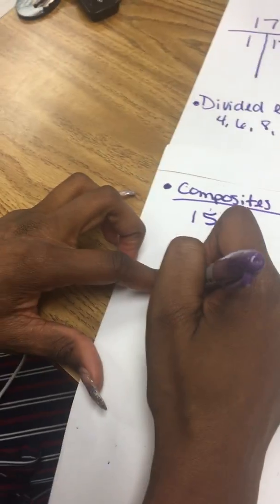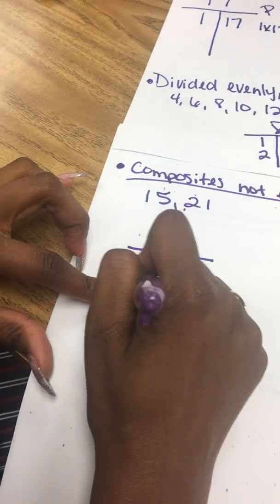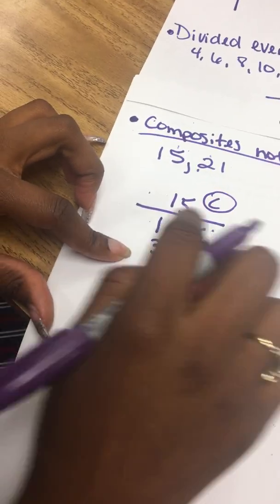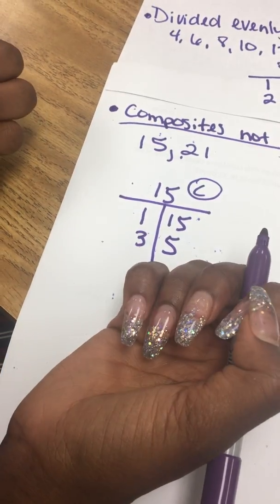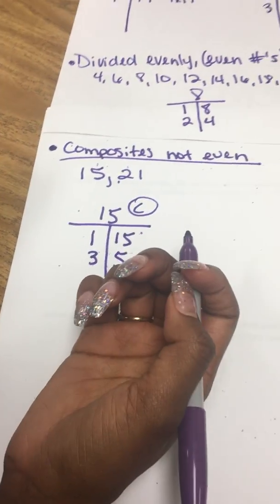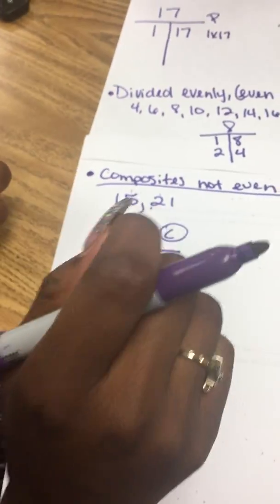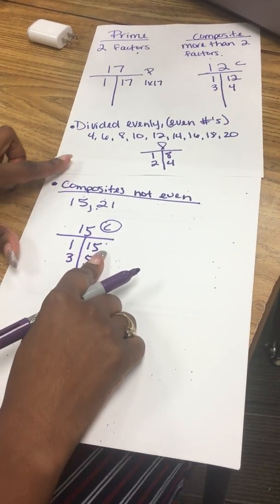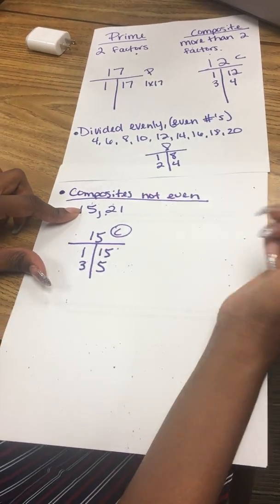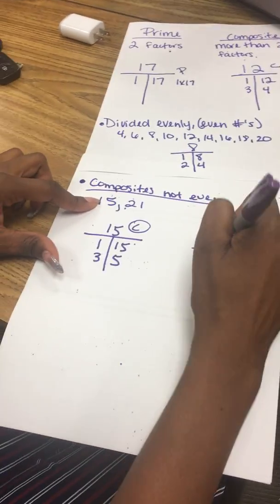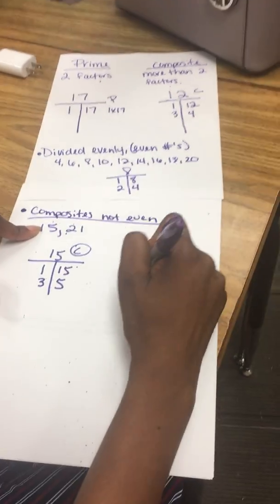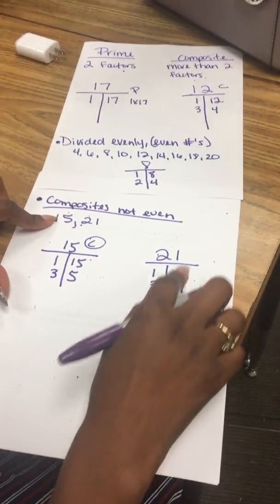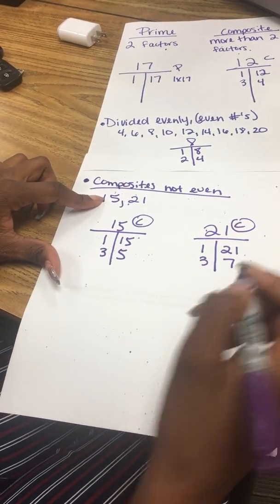You can do 1 and 15, you can do 3 and 5. So that's what makes it composite, even though it's not even. Now, all even numbers, pretty much except for the number 2, are composite. Then you have some odd numbers like these that are composite as well, because you have more than 2 factors. So 1, 21, 3, and 7. That's what makes that composite, okay?